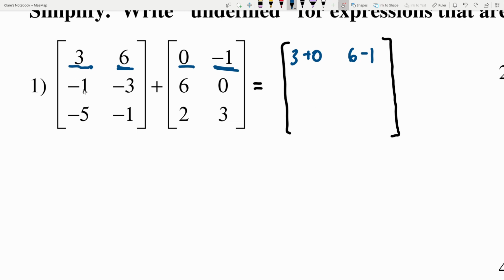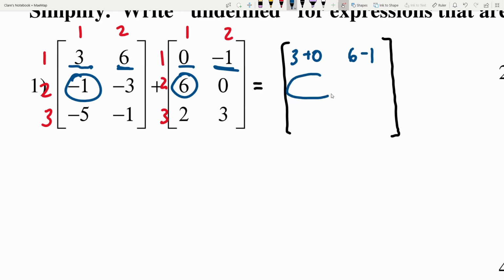Going down to my second row, first column, I'll go ahead and label these rows one more time so that you can see. Row 1, 2, 3 by column 1, 2, and row 1, 2, 3 by column 1, 2. Because I'm dealing with row 2, column 1, I'll add that to row 2, column 1, and that will fill the spot row 2, column 1 in my matrix. So I'll have negative 1 plus 6.